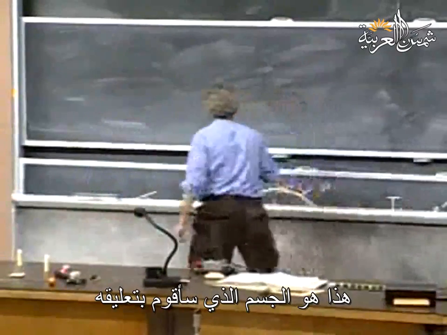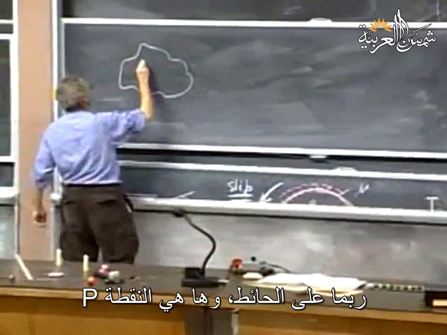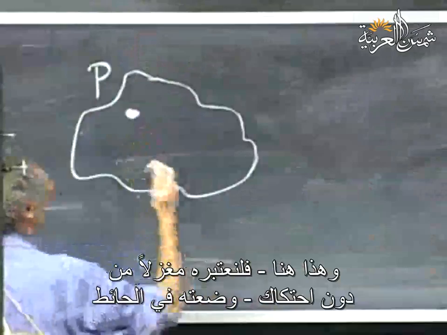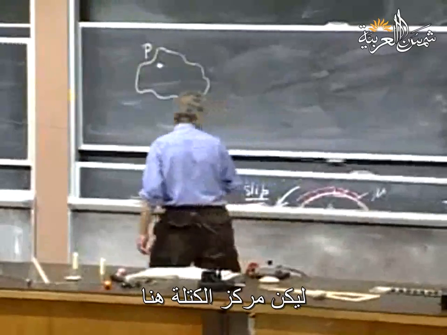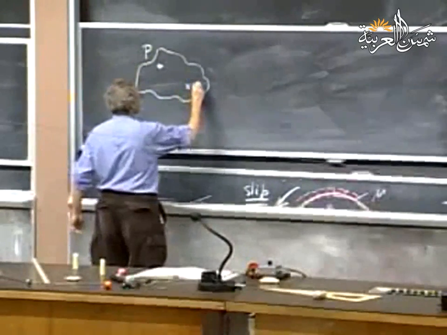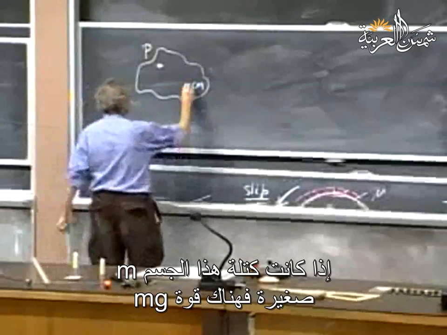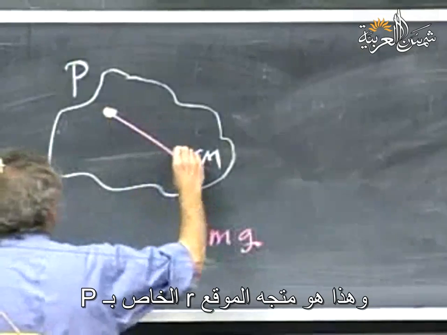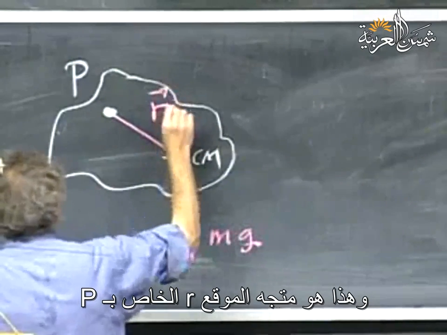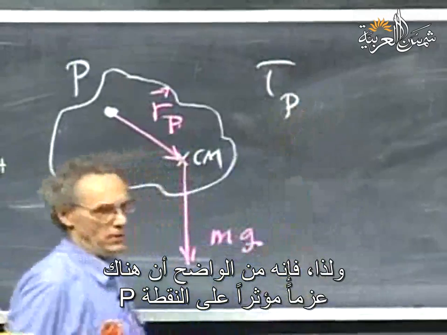So here's this object which I'm going to hang, maybe on the wall, and here is a point P, and there is, let's say, a frictionless pin that I put in the wall, so the object can freely swing around. Let the center of mass be here, and so there is a force. If this object has a mass little m, there is a force mg, and here is the position vector r of P, and so it's clear that there is a torque relative to point P.